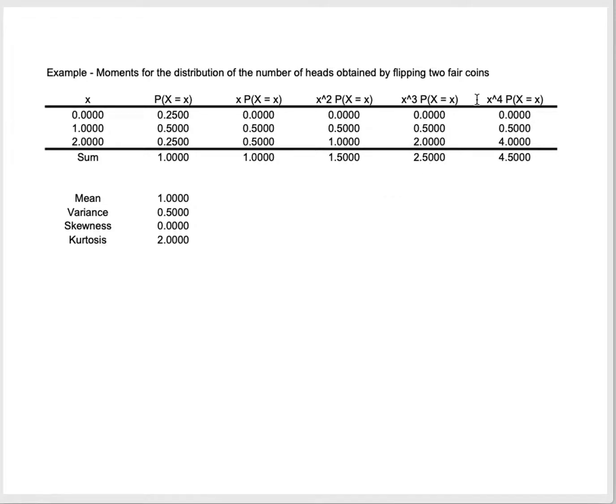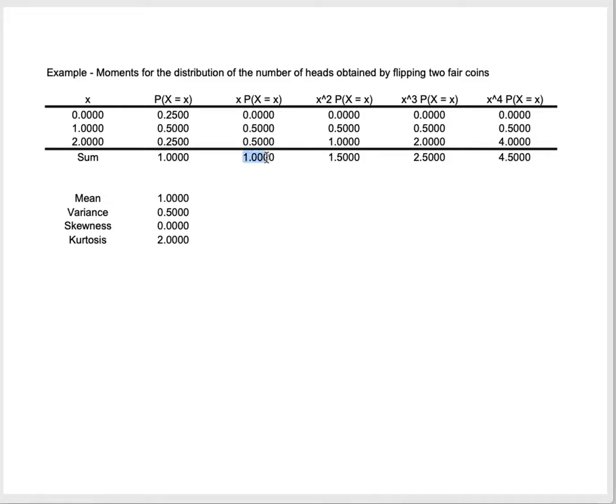And likewise, I have these last two columns. In this column, I've got values of x cubed times f of x, and then I've got x to the fourth times the values of the PMF in this column. And then I have the column totals for each of these columns.